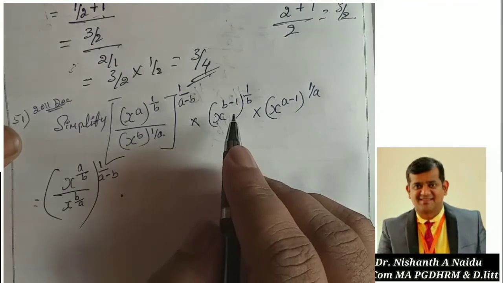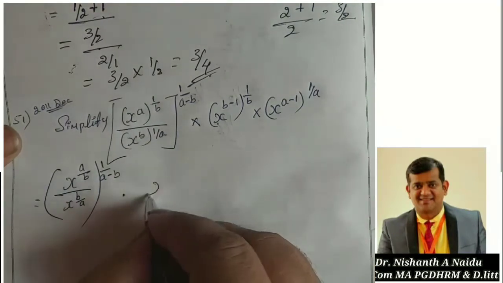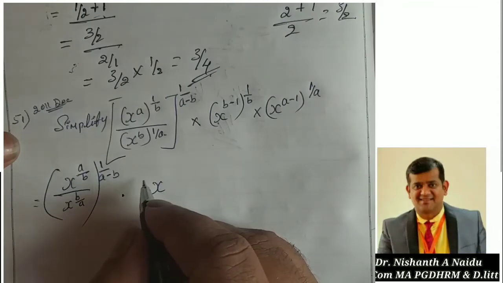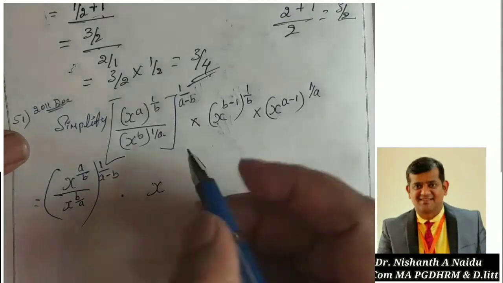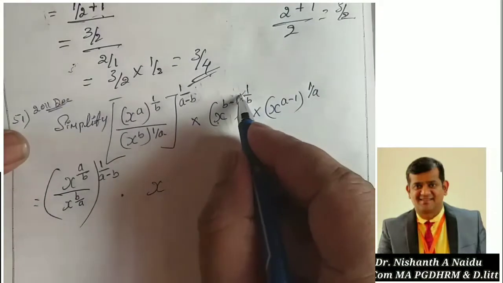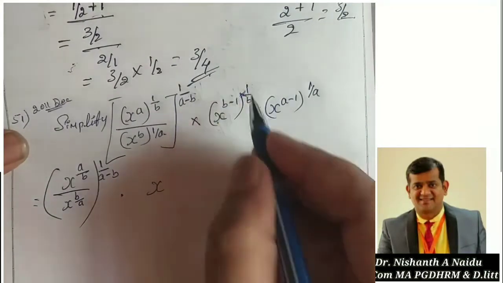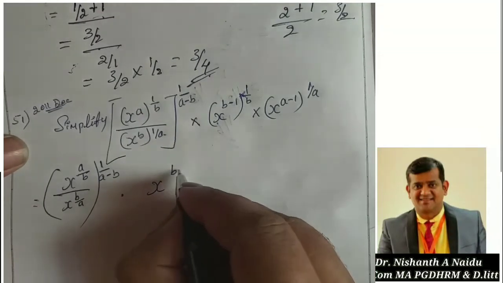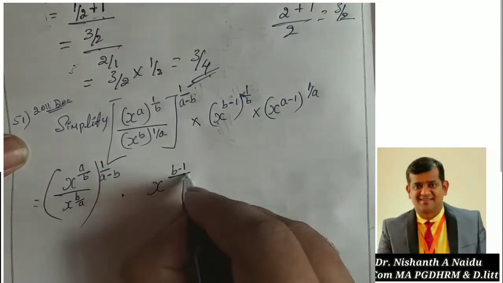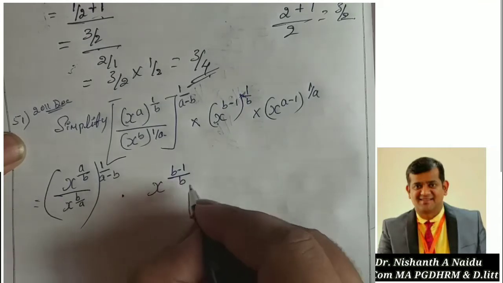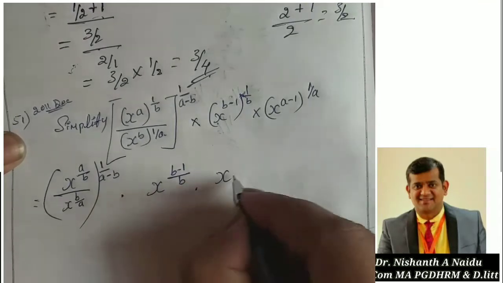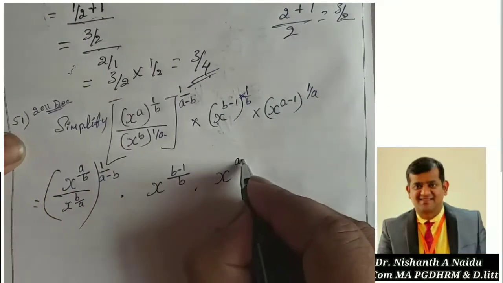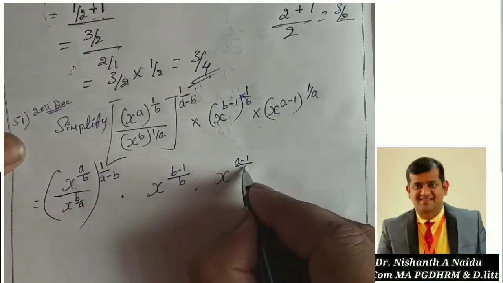Let us take x to the power of b minus 1 into 1, that is (b minus 1) divided by b, into x to the power of a minus 1 into 1, that is (a minus 1) divided by a.